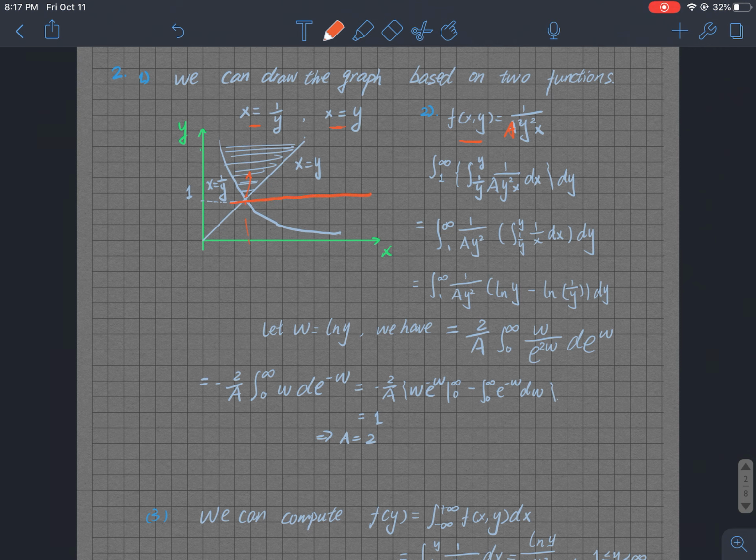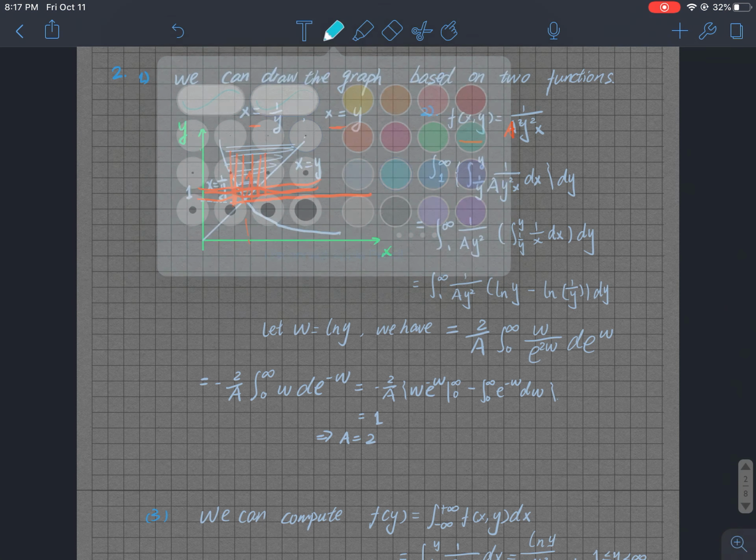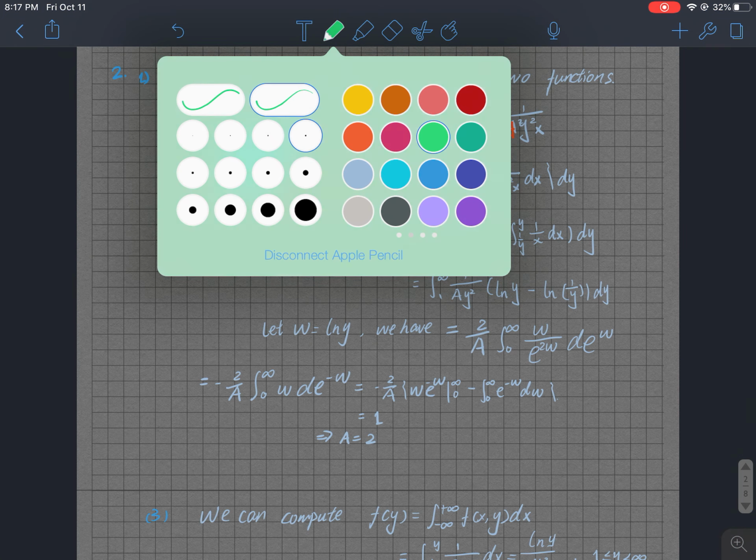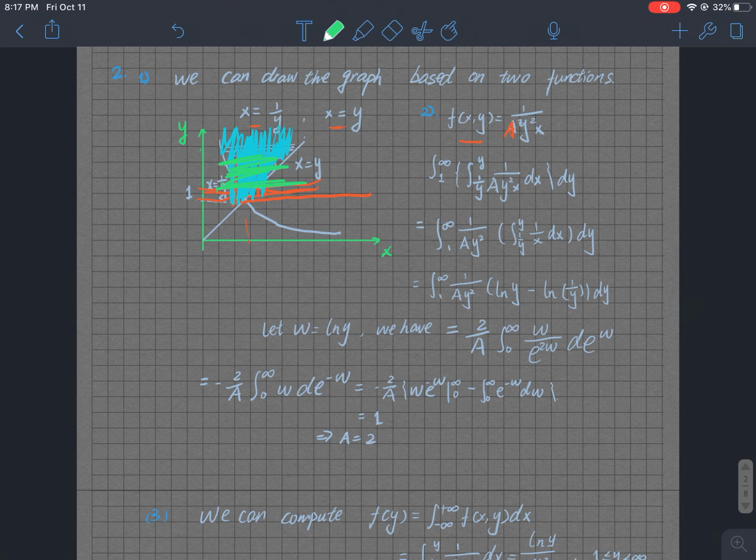So this is the x slice, where x is here and y is from here. I will change the color. So y is running through this, and x is running from 1 over y to y, while y is from 1 to infinity.